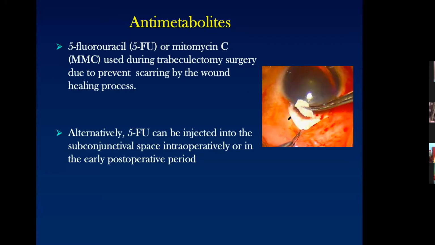The role of mitomycin is to decrease the inflammatory reaction or decrease the proliferation of fibroblasts that can cause your trabeculectomy to fail. So fibroblast proliferation can be prevented or reduced by using mitomycin during the operation or by using 5-fluorouracil injections in the subconjunctival space in the post-op period. So these are the adjuvants which will make your surgery more successful.